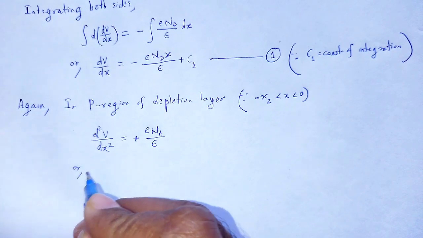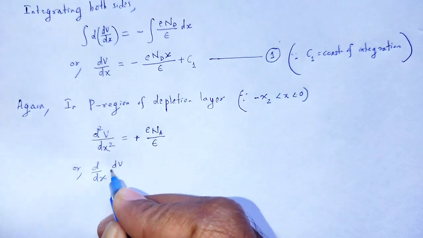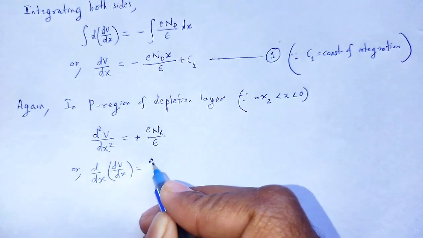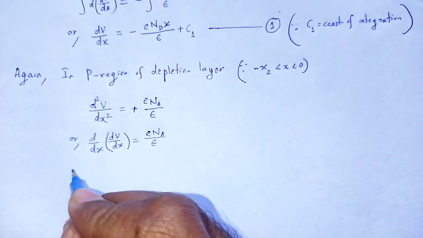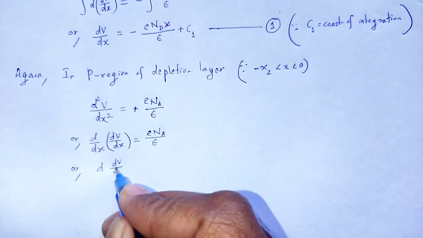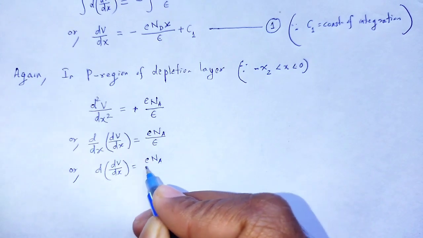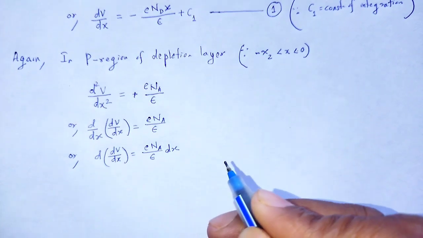Or d by dx of dV by dx is equal to e Na divided by epsilon, or d of dV by dx is equal to e Na divided by epsilon dx.